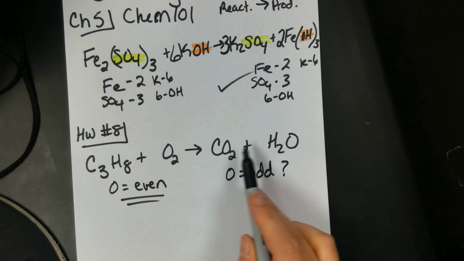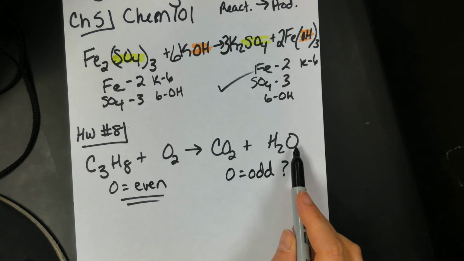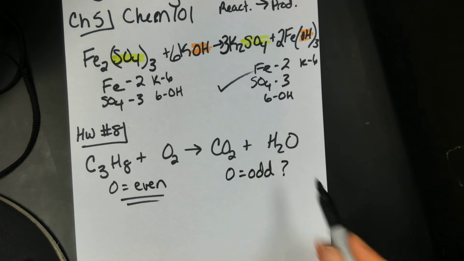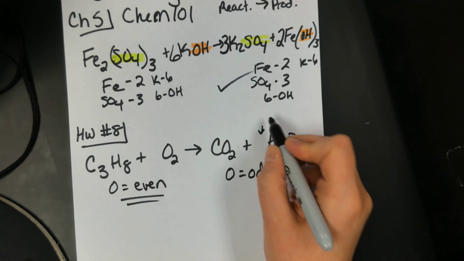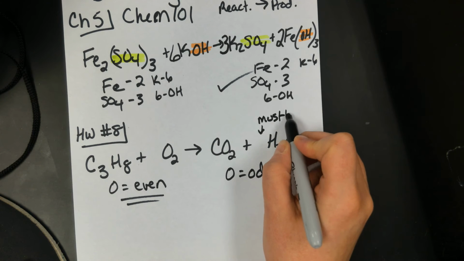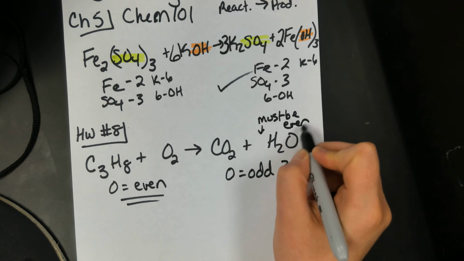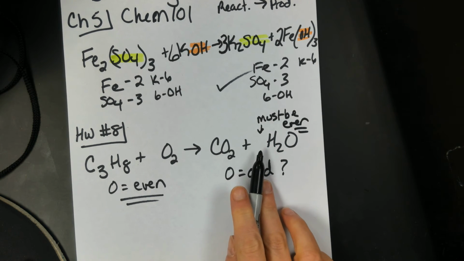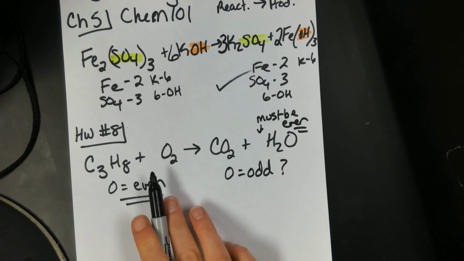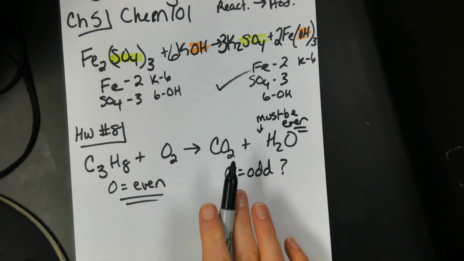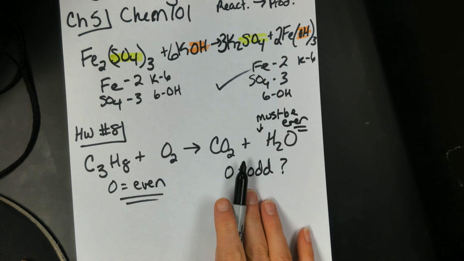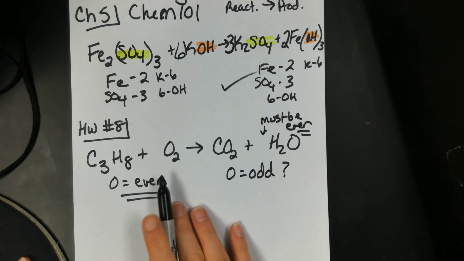Which one of these is making oxygen have an odd number? It's this one, water, right? So this has to be an even number. This coefficient must be even in order for us to be able to balance the oxygens. So we go in here with that in mind, and now let's go ahead and balance them.